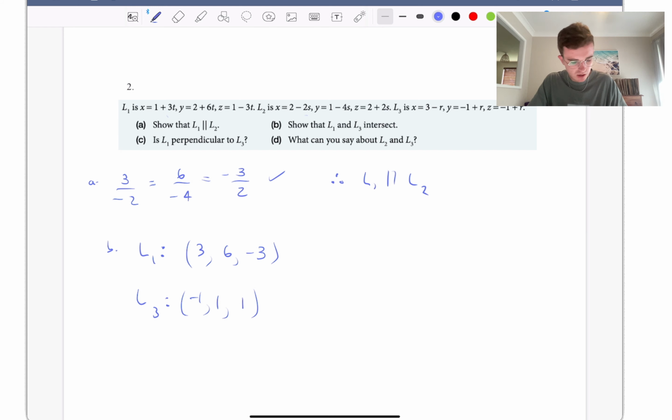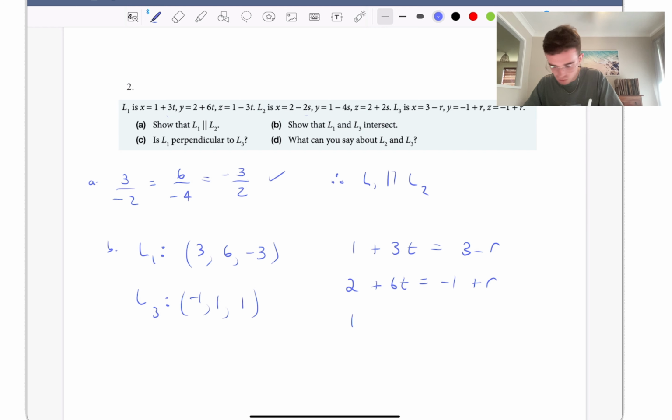intersect. So when two vector lines intersect, they intersect when there's some sort of number that satisfies all equations at once. So if we equate x, y, and z for L1 and L3, we're going to have 1 plus 3t is equal to 3 minus r. And then we're going to have 2 plus 6t is equal to minus 1 plus r.